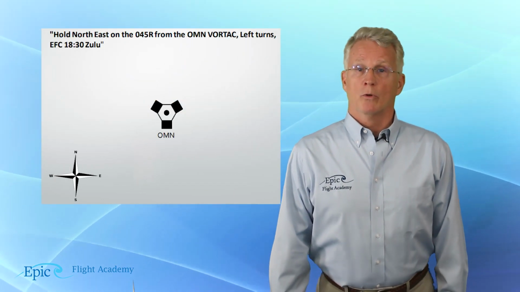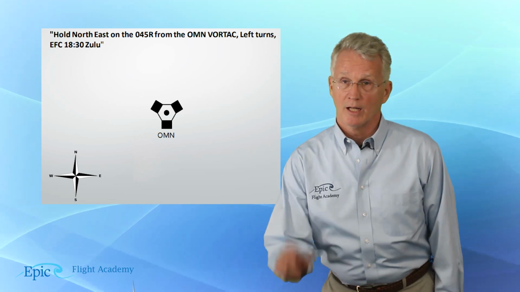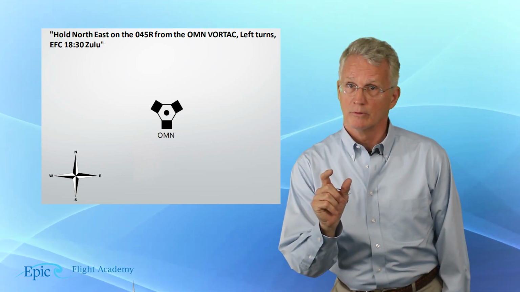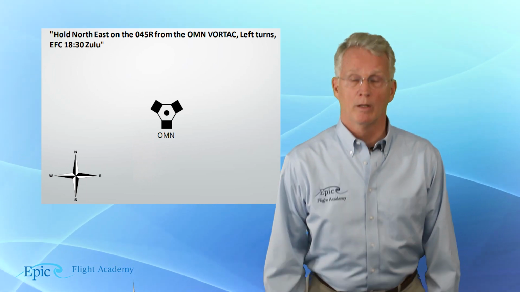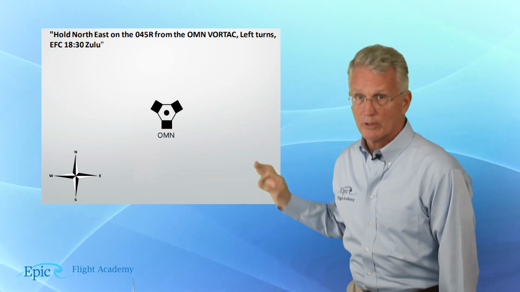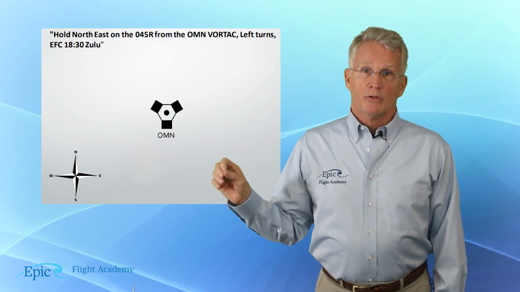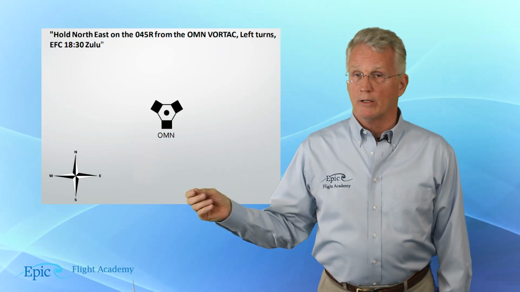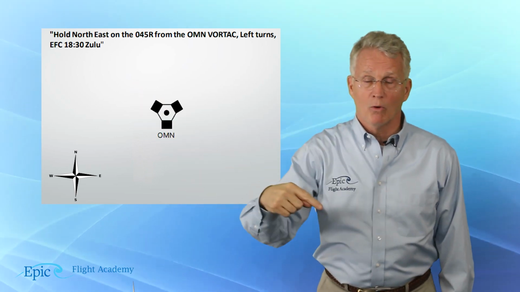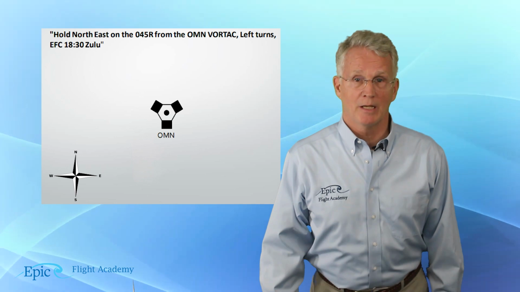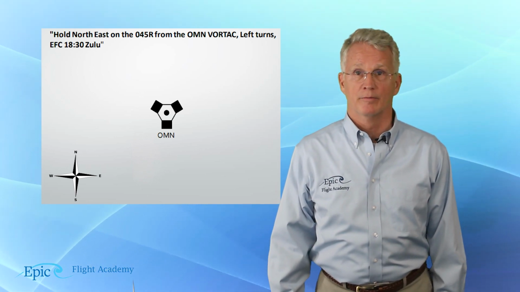So let's take our third and final example. ATC says hold northeast on the 045 radial from the Ormond Vortac, left turns, expect further clearance at 1830. Well, here's what it would look like. I'm going to draw my red line on the 045 degree radial, and my inbound course is going to be opposite of 045.